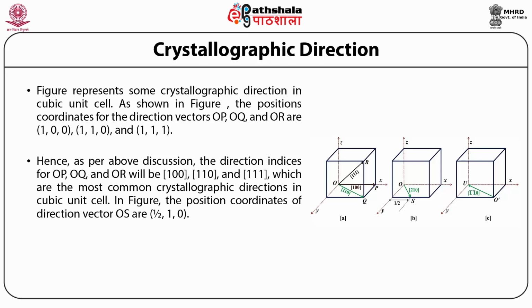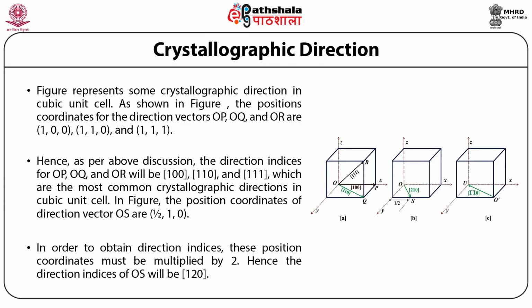In figure B, the position coordinates of a direction vector OS are 1/2, 1, 0. In order to obtain the direction indices, these position coordinates must be multiplied by 2.